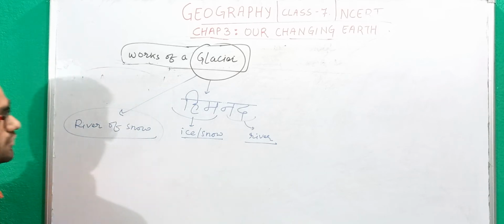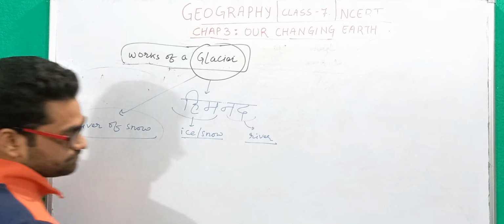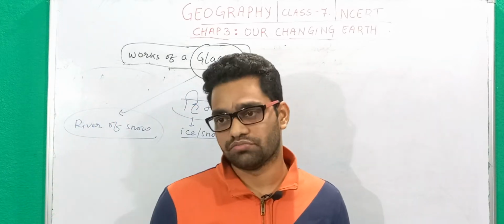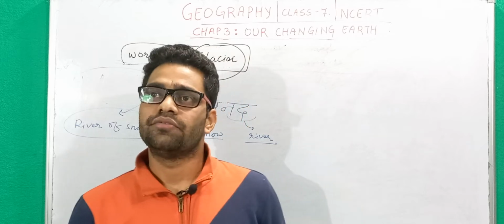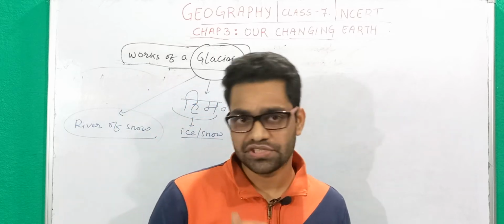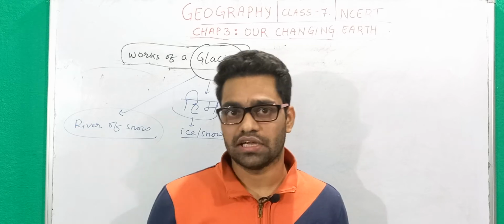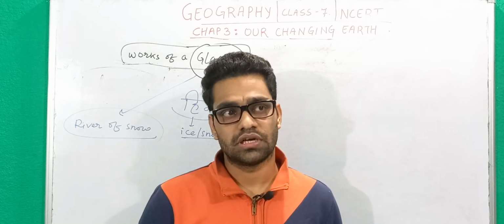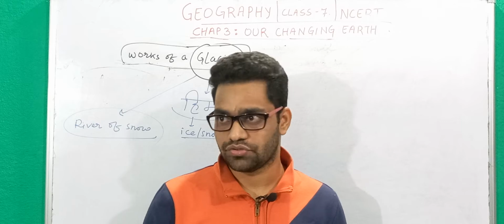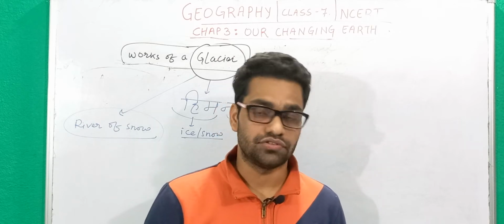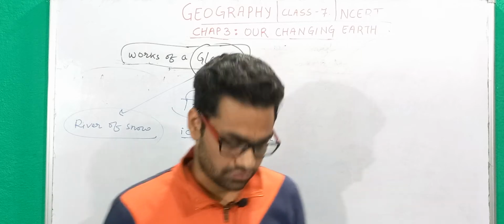Very simple to understand. When you go up, in the next chapter we will study it in great detail, the temperature starts decreasing, and after a certain height, if you ever visit mountains of such heights, you will find glaciers there.